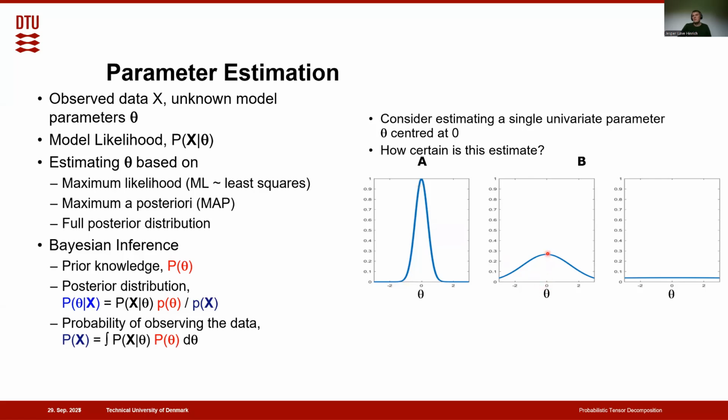If it has a lot of uncertainty, then it might as well be -1 or 1. And if it has infinite uncertainty, then you have no idea where you are on the line. You might as well have picked -2 or -5,000.